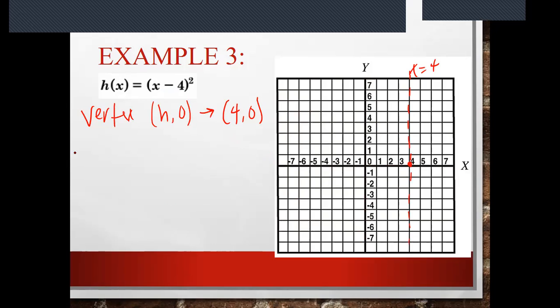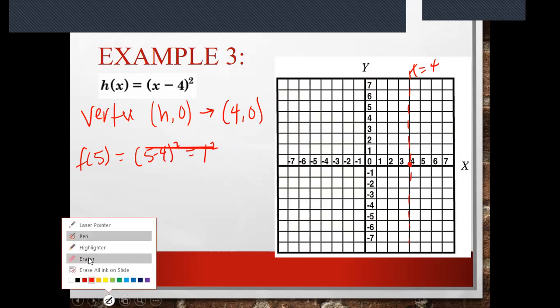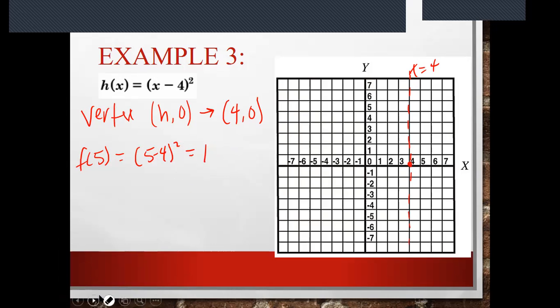I'm going to choose 2 points. So I'm going to do f of 5. That gives me 5 minus 4 squared, which equals 1 squared, which equals 1. So we have 5, 1.